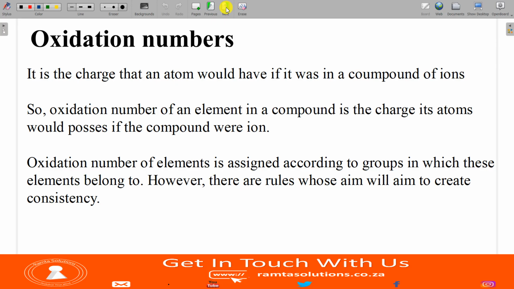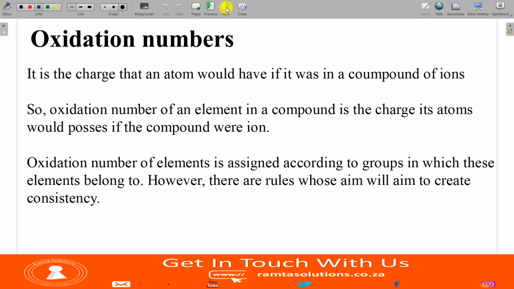So we can assign them according to how we assign charges in the periodic table: group 1 is +1, group 2 is +2, group 13 is +3, group 14 is +4 or -4, group 15 is -3, just like that. So we would think that it's easy to assign them like that.